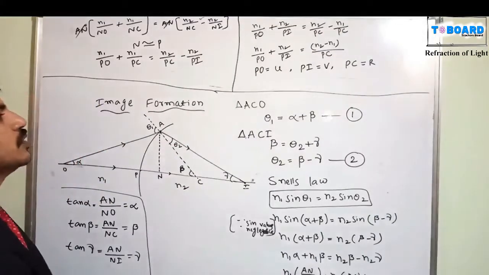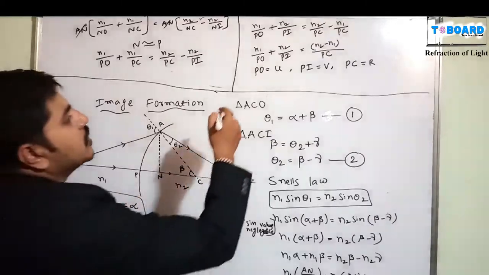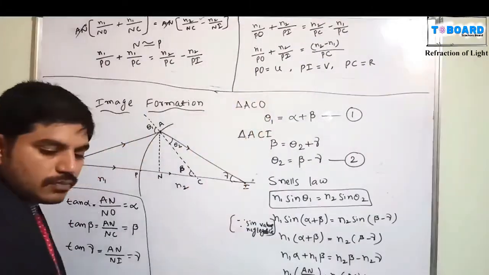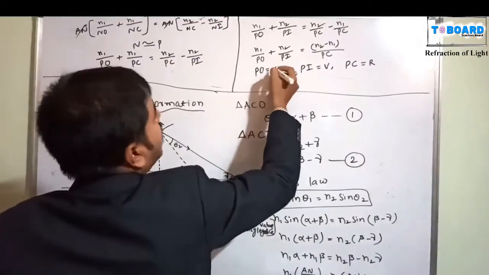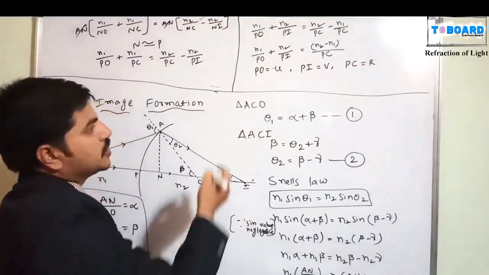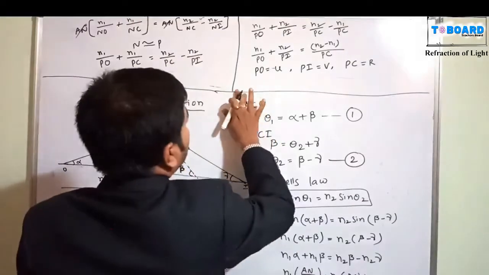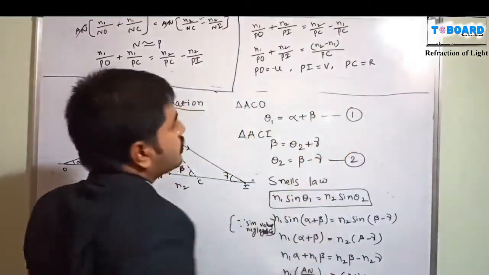So PO is nothing but minus U, and PC is R, so I am going to substitute in the above equation.